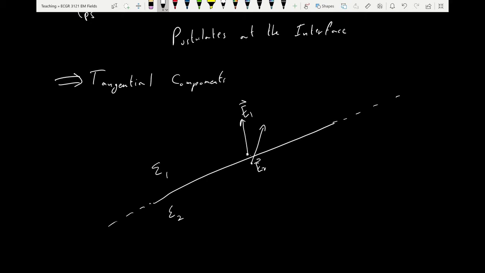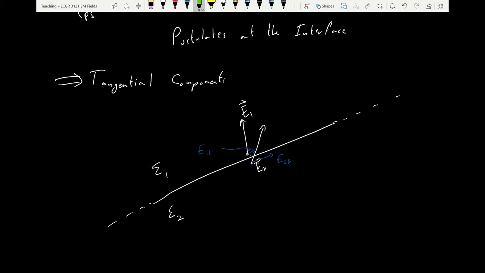The idea is that just before and just after the interface, we can always decompose the field into a component that's tangential, like this. So this is E2t, and this is E1t. The magnitudes of the tangential components are called E1t and E2t. Those are the components that are parallel to the interface.